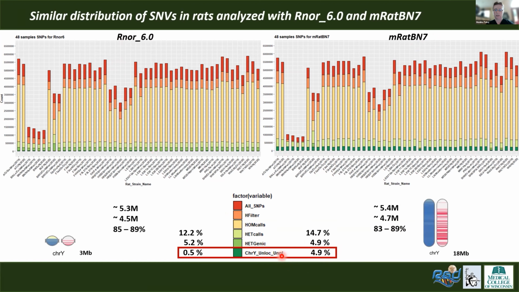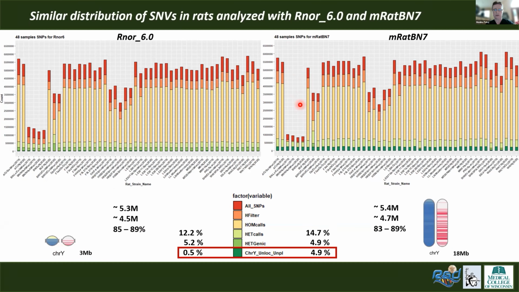And that's also the reason that we've got an 18 megabase chromosome Y in the new reference compared with the previously assembled 3 megabase chromosome Y. Next to the chromosome, I put the distribution of those heterozygous variants, showing where they are located.